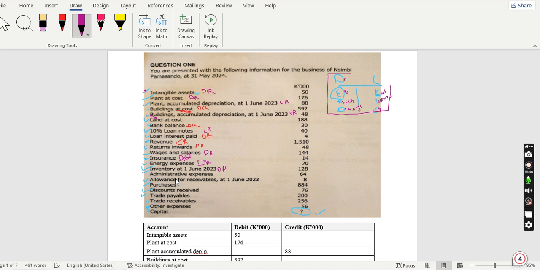It is a current asset. Assets on the debit side. Admin expenses. Debit, it is an expense. Yes. Allowance for receivables.